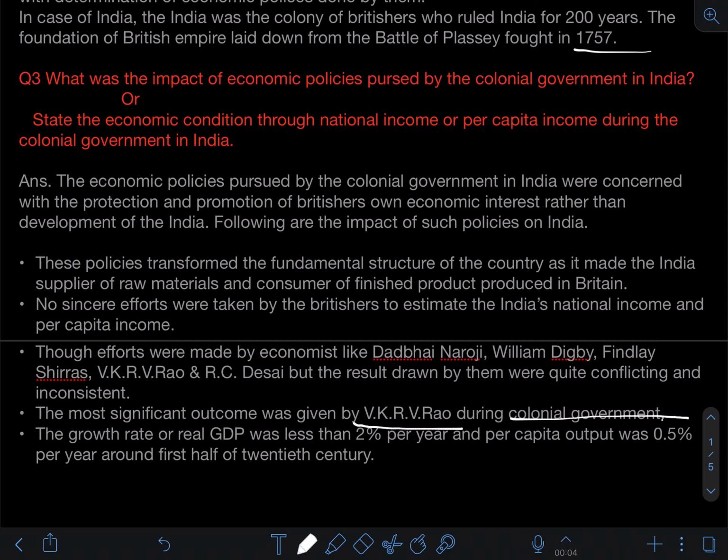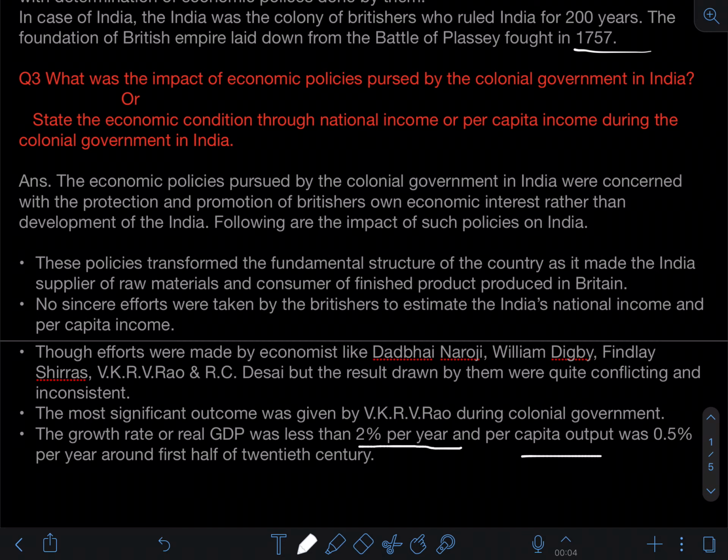Another thing: still, we were not able to calculate it properly, but somehow we have certain information that the growth rate of real GDP was less than 2% per year, which was very embarrassing for a country where a lot of resources are available and a lot of population is there, still the growth rate was very low.